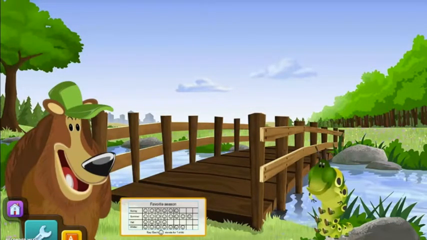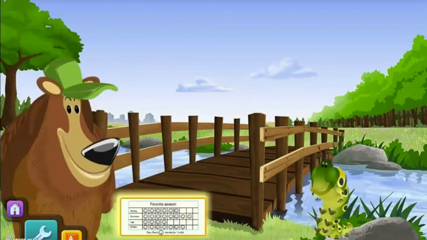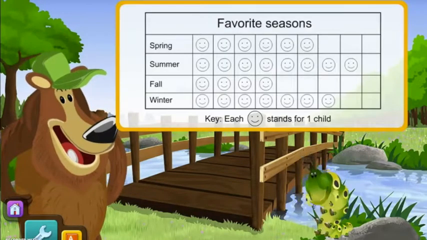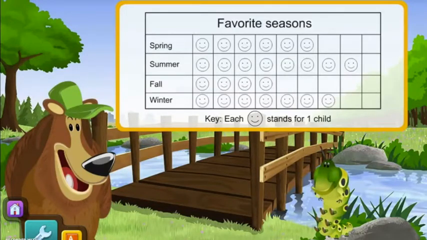Hi, friends! Carlos and I are tagging along on a school field trip today. I found a picture graph drawn by one of the children. Let's take a closer look. The title of the picture graph is Favorite Seasons, so it must be about the children's favorite seasons.